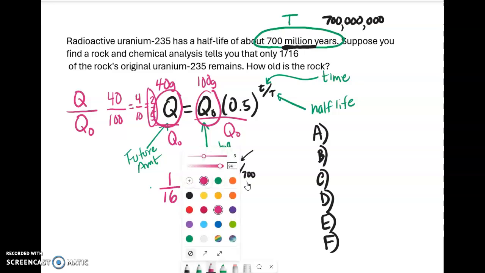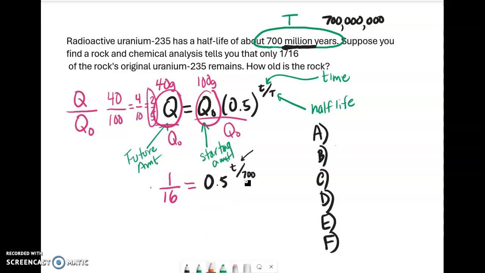So instead, what we're going to do is take a look at the answers they give us and see which one makes the most sense. You can also try them and see what fractional exponent would give you 1/16. So now I'll show you how to do that on the calculator.